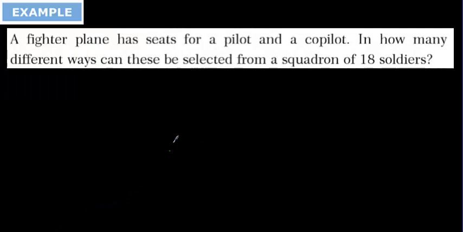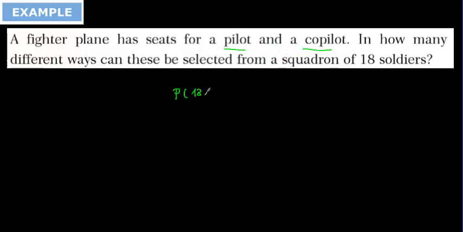Okay, this question is also the same. A fighter plane has seats for the pilot and co-pilot. We should understand here that the pilot and co-pilot have different jobs, so we are giving different jobs to people. If we had given the same jobs to people, we could not solve it like this. So we are going to use permutation again.